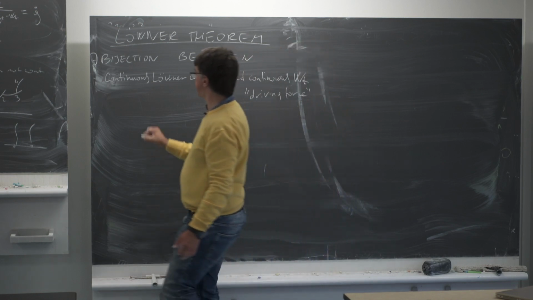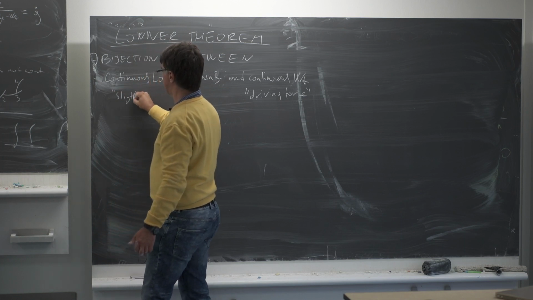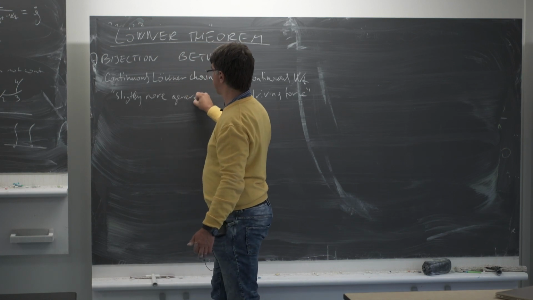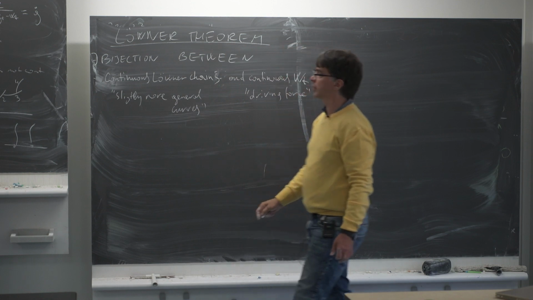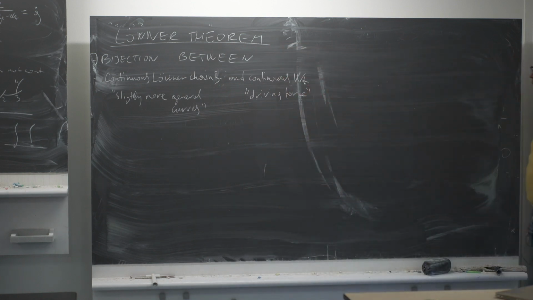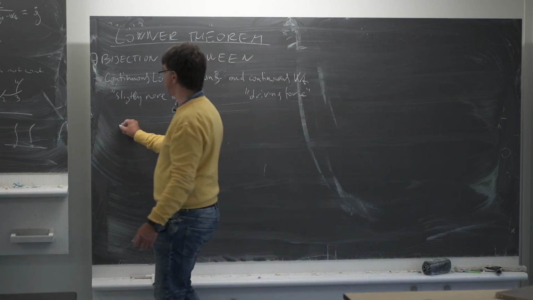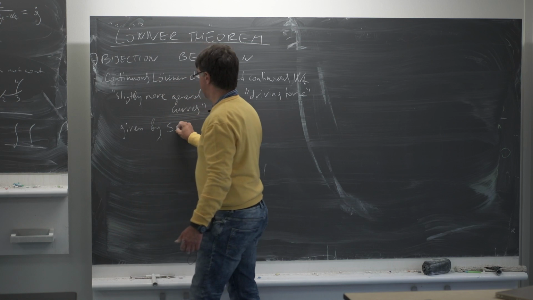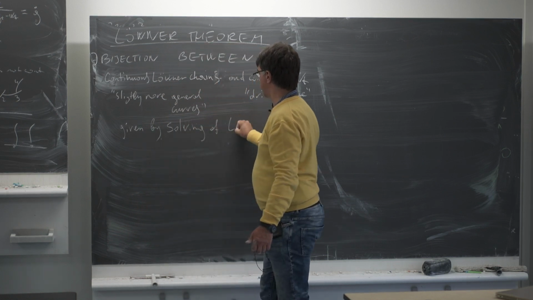Now, a Loewner chain is slightly more general than curves. You can have all the continuous curves, but you can have some other things too. And this bijection between these two is given by the solution of the Loewner equation.